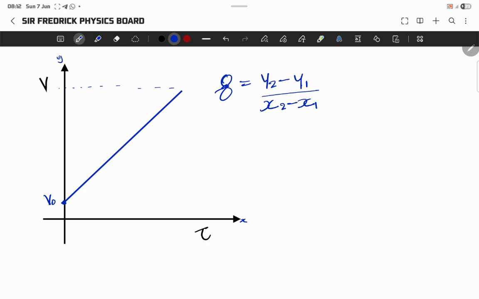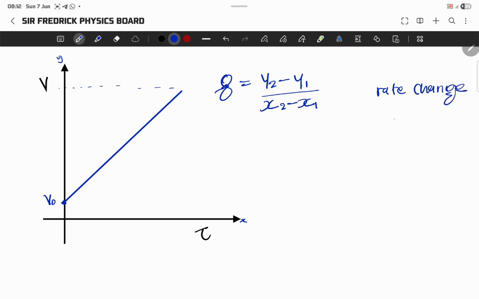But what does this gradient in mathematics mean in physics? What does it mean in the physical world? So in the physical world, the gradient of these two parameters, velocity and time, is simply the acceleration. Because remember, the definition of acceleration is a rate of change. The rate of change in what?